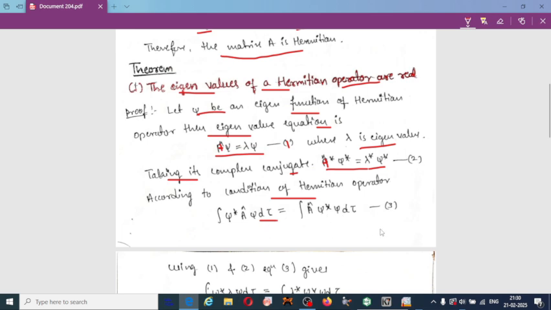That means the wave function vanishes at minus infinity and plus infinity. That means psi star psi is equal to 1. This condition must also hold good.